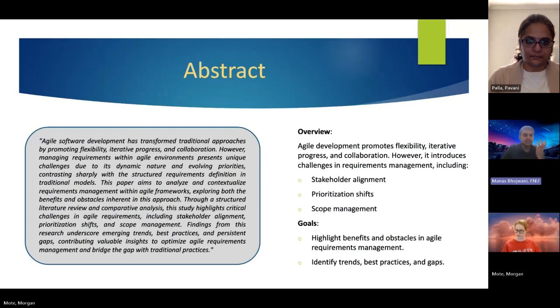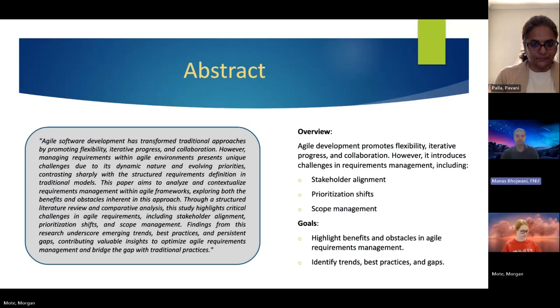So as you guys know, Agile development is centered on flexibility, iterative processes, and a continuous cycle of stakeholder collaboration, making it highly effective in adapting to rapidly changing challenges. Unlike traditional models, Agile thrives on its ability to accommodate evolving requirements and deliver incremental value throughout the development lifecycle.